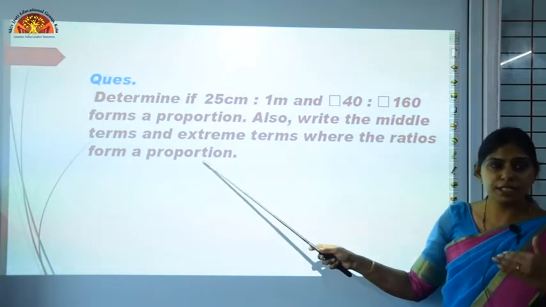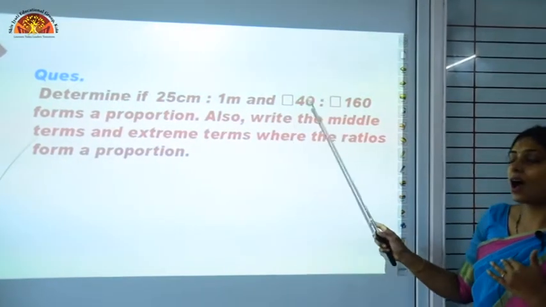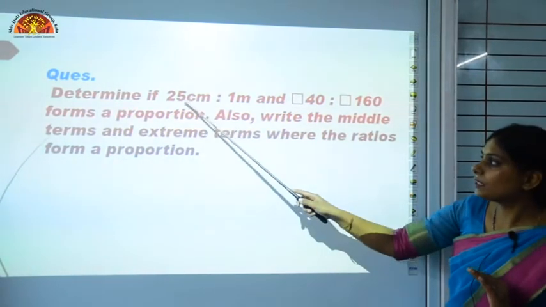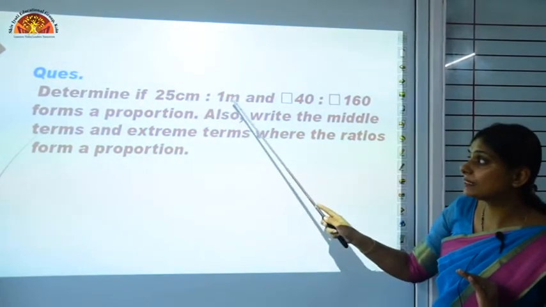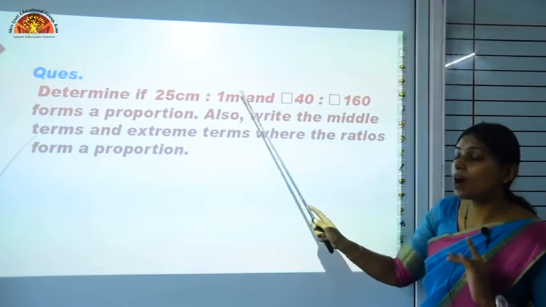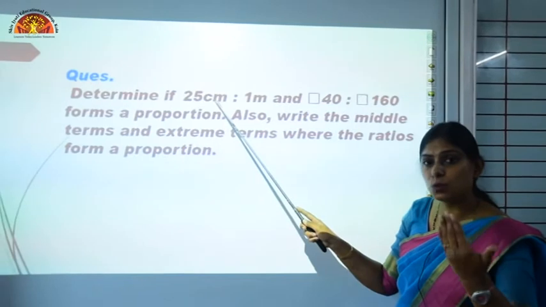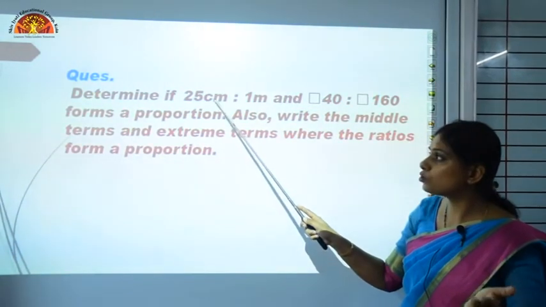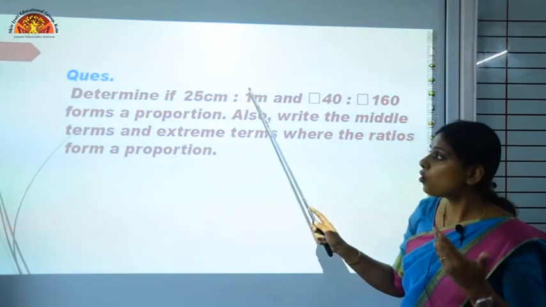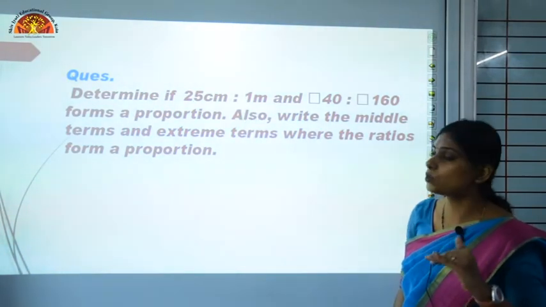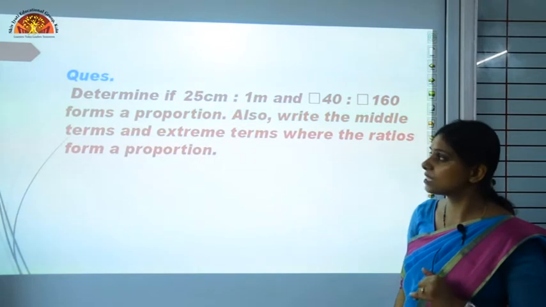First of all, see children, here it is 25 centimeters and here it is 1 meter. Units are not the same, so first you have to convert the units. Either both should be converted into centimeters or both into meters, because we can compare quantities only when their SI units are the same.